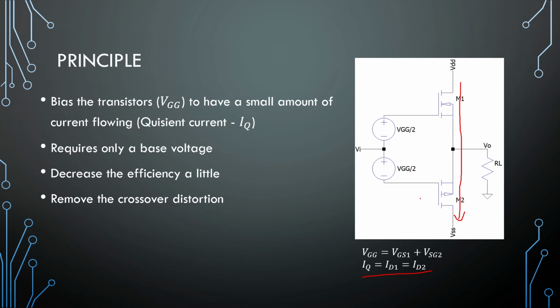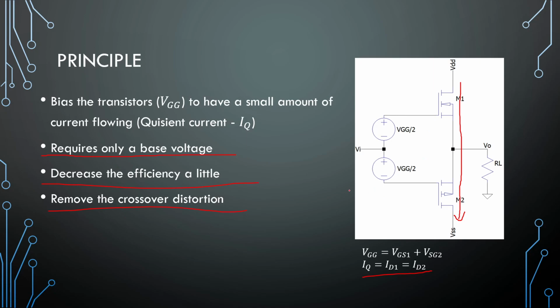Our VGG is our VGS plus our VSG for our two MOSFETs. Okay, the nice thing for MOSFETs is we only require a gate voltage. We will have a decrease in our efficiency, but it will remove crossover distortion when biasing our transistors first.